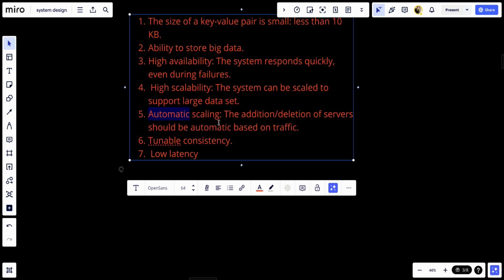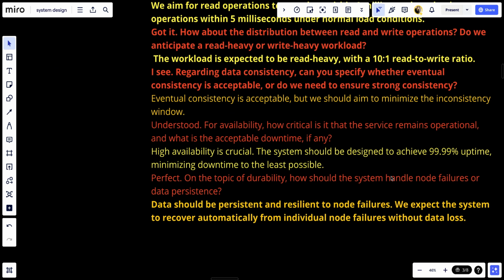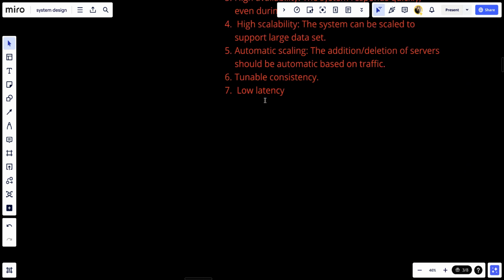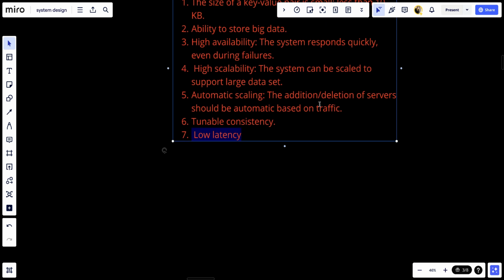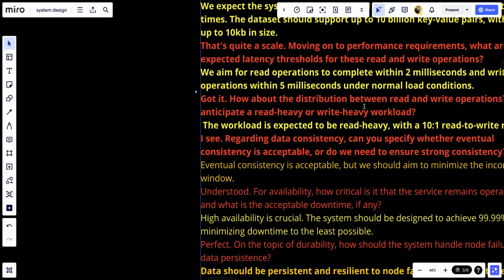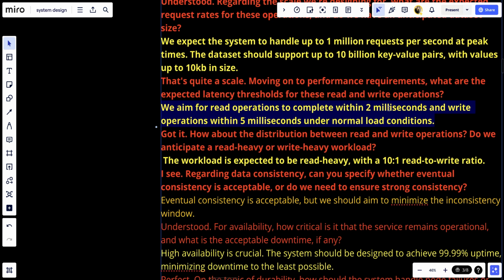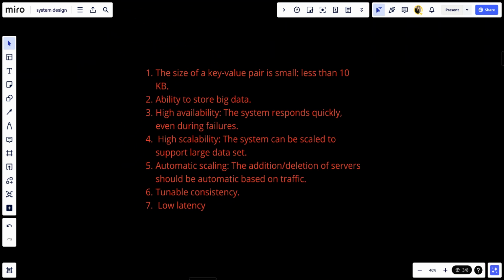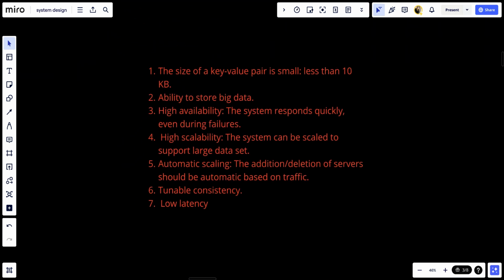The addition or deletion of servers should be automatic based on traffic. We have tunable consistency, and we got that from our interviewer here. We have low latency because we have a read heavy ratio. We have 2 milliseconds and 5 milliseconds, so we have low latency. And this is how you gather the requirements.